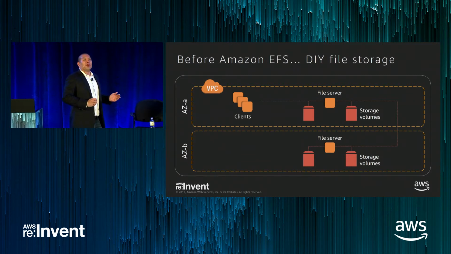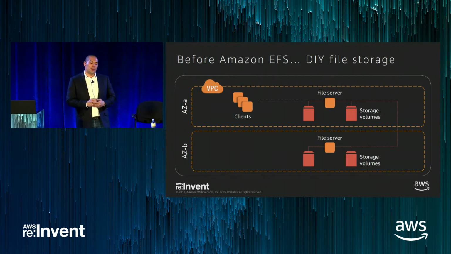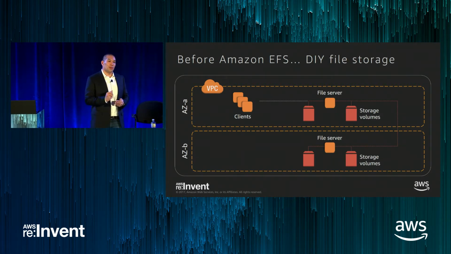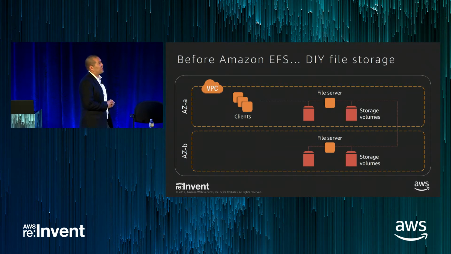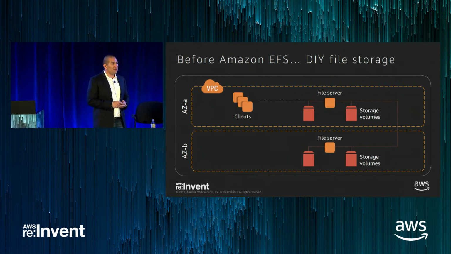So about a year and a half ago, we launched Amazon EFS. And before EFS, if you wanted file storage on AWS, you had to do it yourself. So here's an example of what that might have looked like. Well, you'd want to have it at least in multiple availability zones. So here we're showing 2 for failover and data durability purposes.